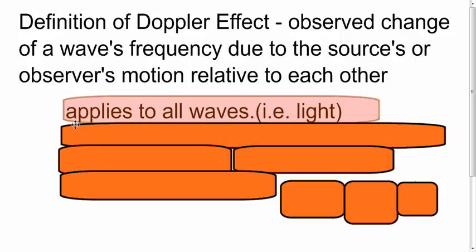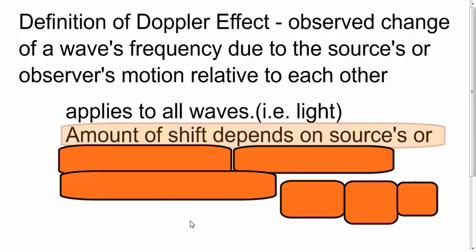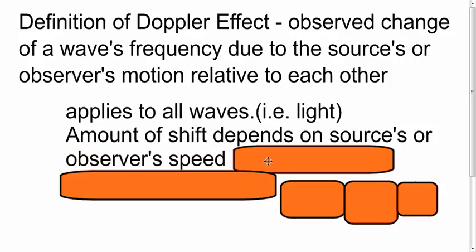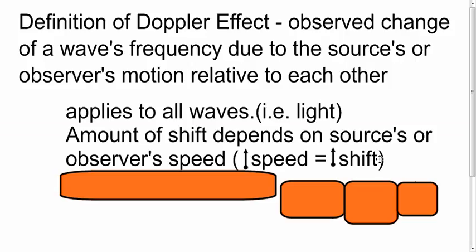Now, this applies to all waves. For example, light. Light also will exhibit the Doppler effect, even though it's not a physical thing, but it'll still experience it. The amount of shift depends on a source's or observer's speed relative to each other. The more the speed, the more the shift.